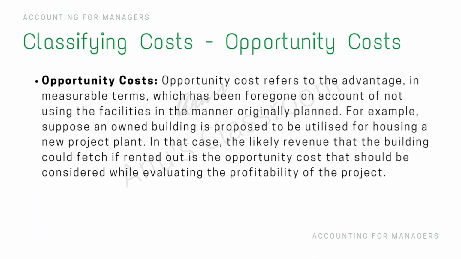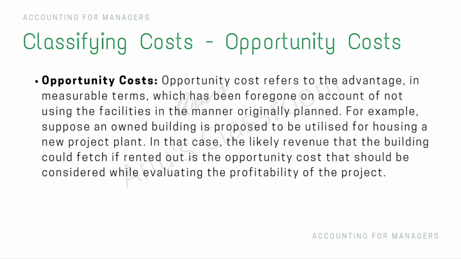Then we have opportunity cost, which refers to the advantage in measurable terms which has to be foregone on account of not using the facilities in the manner originally planned. Like for example, you have a building, and it could get you 20,000 rupees on rent if you are renting it out. But if you are using that building as your own production house, then the revenue that is generated would depend upon your sales.